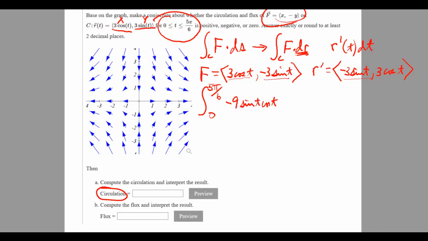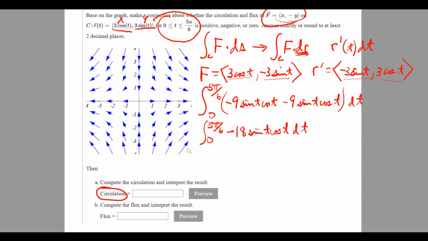We have negative 3 sine t times 3 cosine t, which is negative 9 sine t cosine t again. And we can simplify that somewhat into negative 18 sine t cosine t.